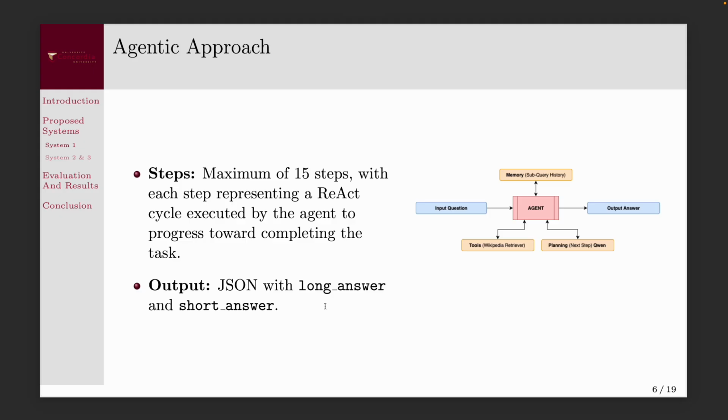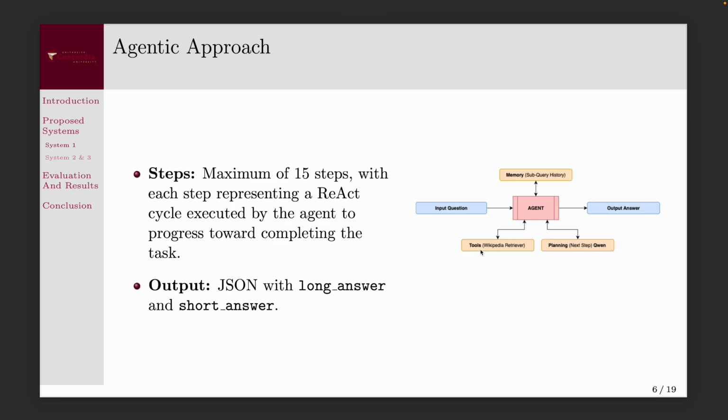A simple example for a step could be the first step where the input question is decomposed. The thought process involves using the LLM to figure out what to do next. The agentic framework will give the user-defined prompt to the LLM, which will observe that the environment doesn't have any memory.